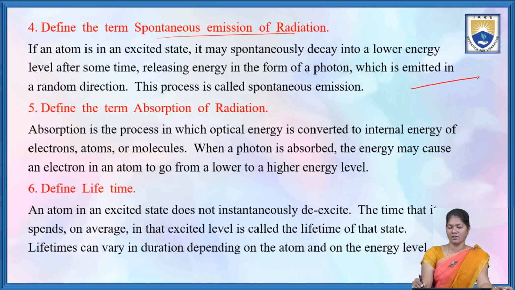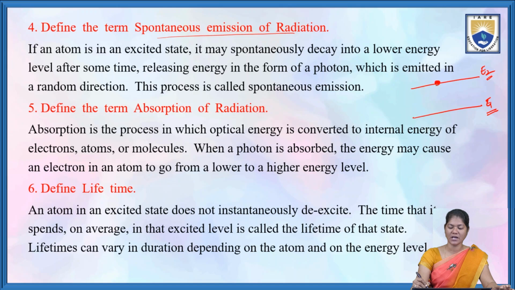So, E1 and E2: E1 is the ground state energy level, E2 is the excited state energy level. Here there is an atom which is in the excited state. It may spontaneously decay into a lower energy level after some time.